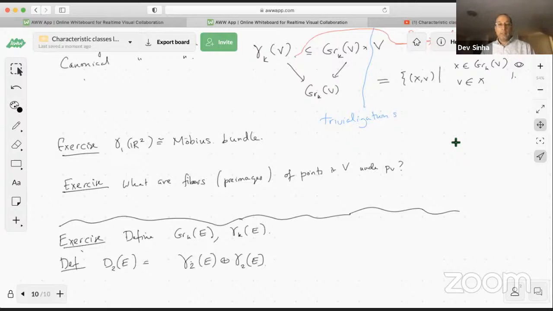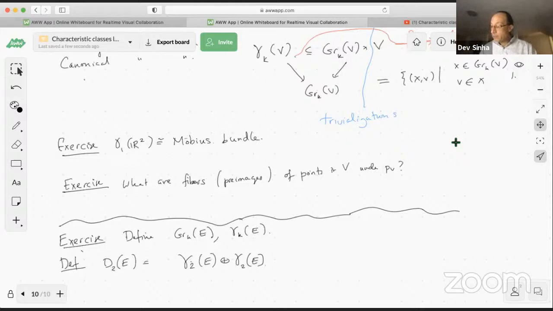Okay. The Grassmannian was the linear subspaces of V. Again, linear subspaces don't really care about coordinates. So under the transition functions, they would map to each other. So I can talk about the Grassmannian of k-dimensional subspaces of E now, and also this tautological bundle, which would be a bundle over the Grassmannian, and then a bundle over the original base.